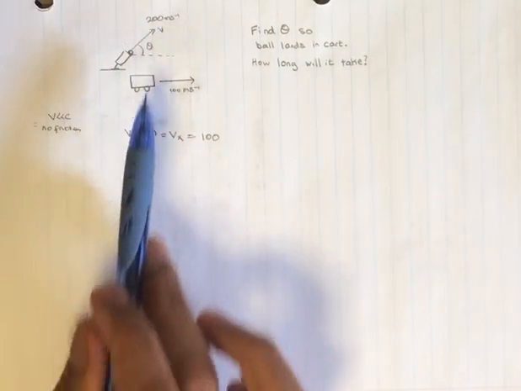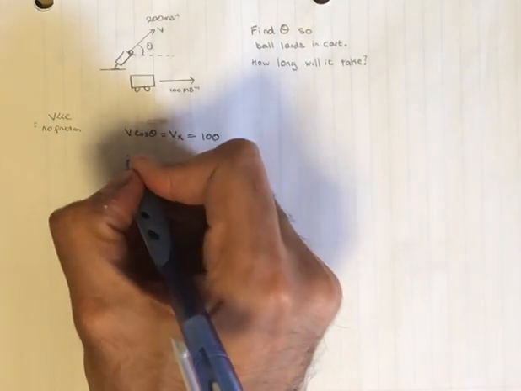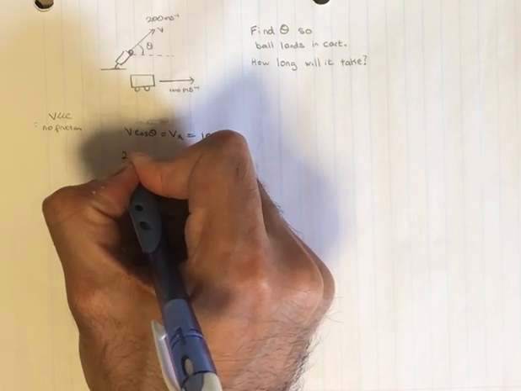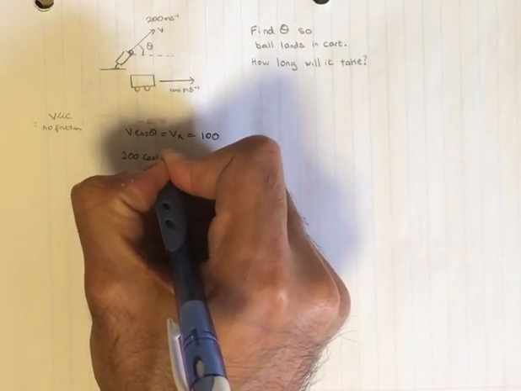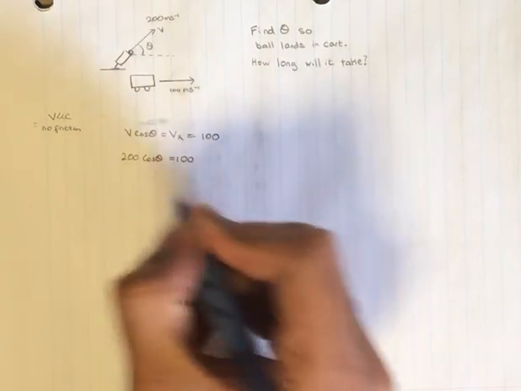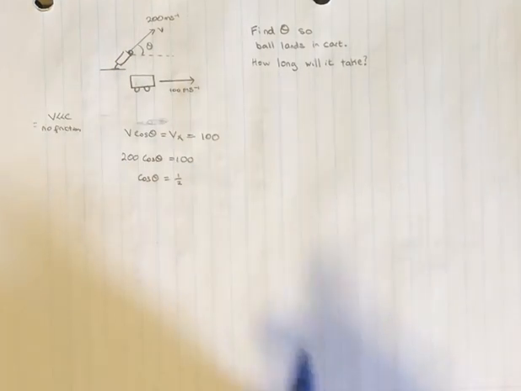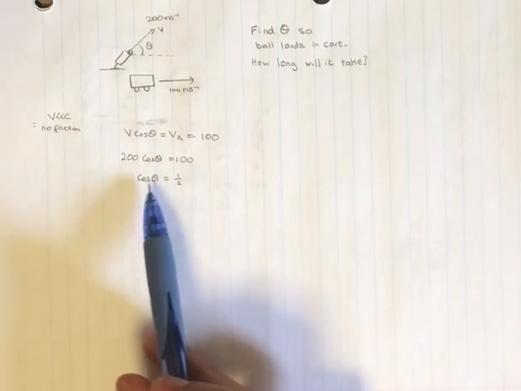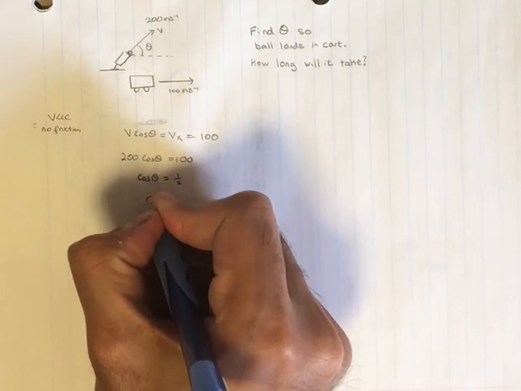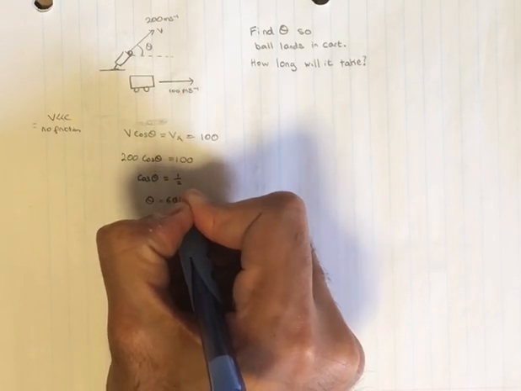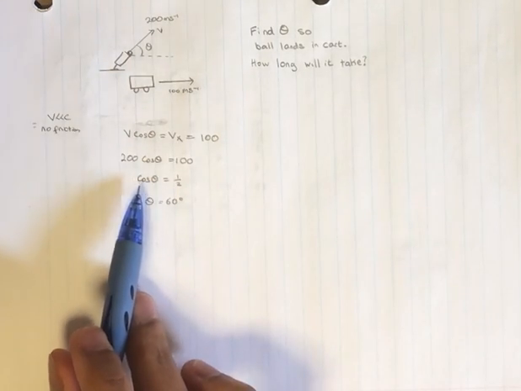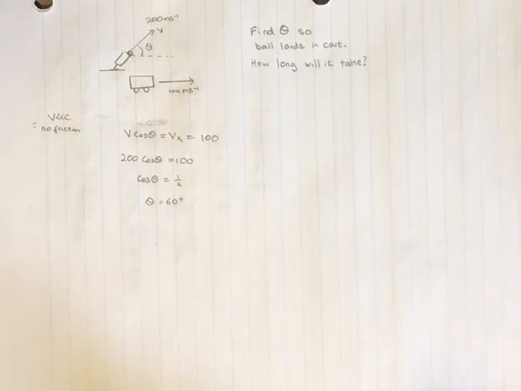Now we know that the speed is 200 meters per second, so we know that 200 cos theta is equal to 100. So cos theta is equal to 1 over 2. Now this means that theta must be 60 degrees, because cos theta is 1 over 2.